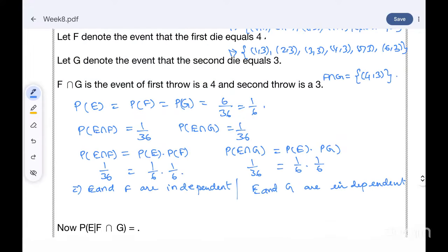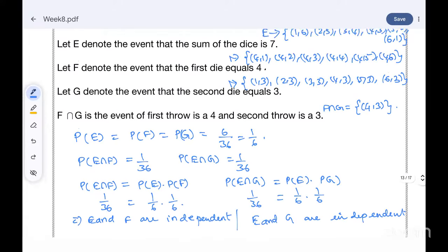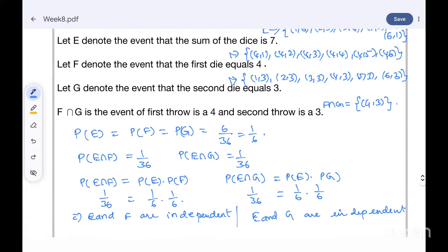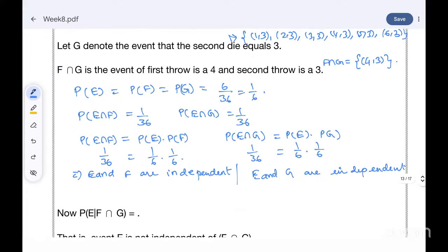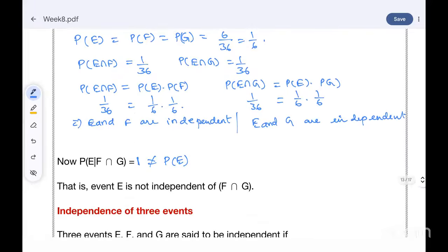In that sample space, is the sum of the entries 7? Yes. So what should be the probability? 1. So if it is 1, obviously this is not equal to probability of E. So this means E and F intersection G are not independent.